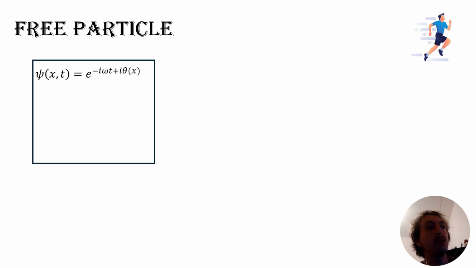Well, we start with our general solution written here, and we notice that we can break this down using essentially rules of indices into this, and here theta of x is a function of just x.